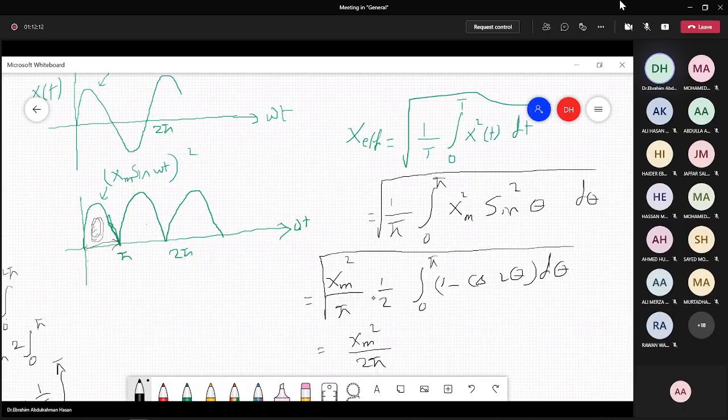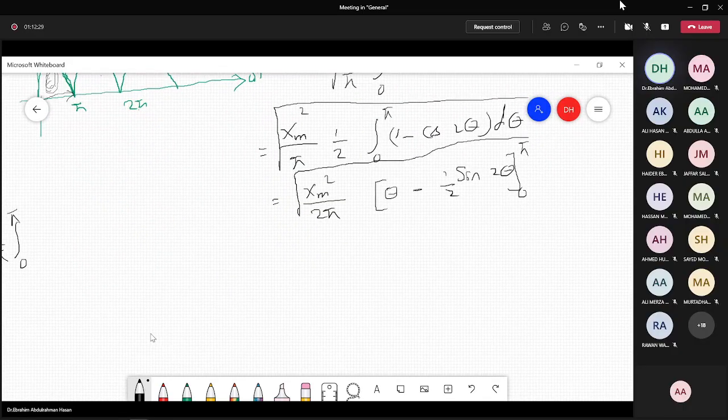Integration of 1 is theta, minus sine 2 theta divided by 2, from 0 to pi, under root.